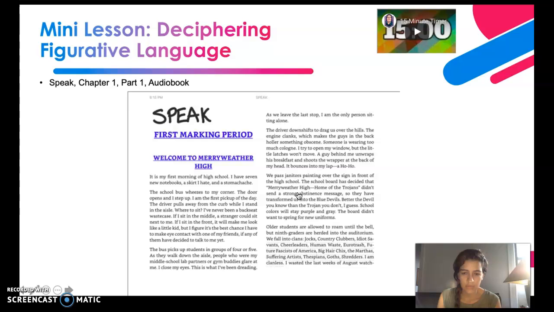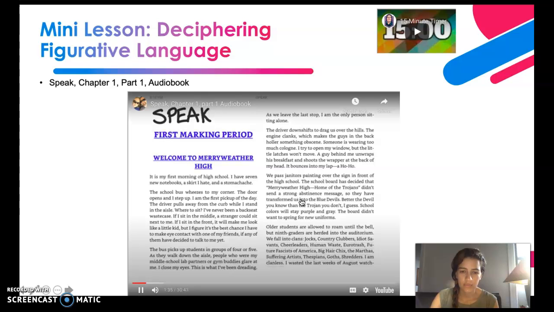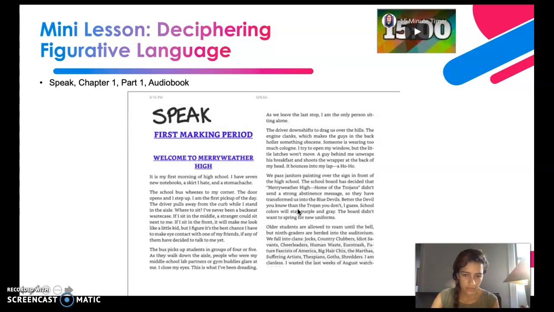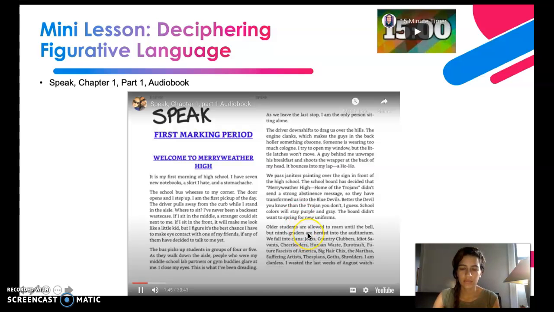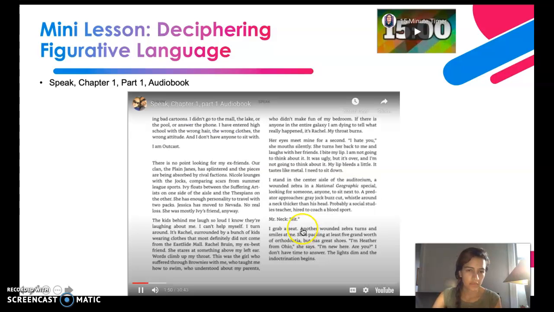Older students are allowed to roam until the bell, but 9th graders are herded into the auditorium. We fall into clans: jocks, country clubbers, idiot savants, cheerleaders, human waste, Eurotrash, future fascists of America, big hair chicks, the Marthas, suffering artists, thespians, goths, shredders. I am clanless. I wasted the last week of August watching bad cartoons.